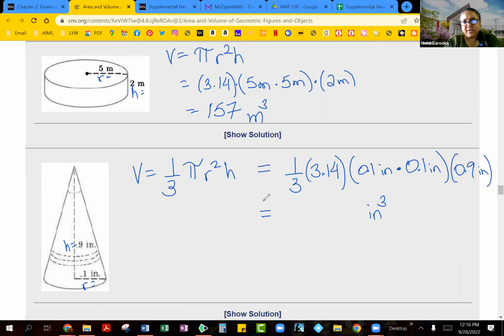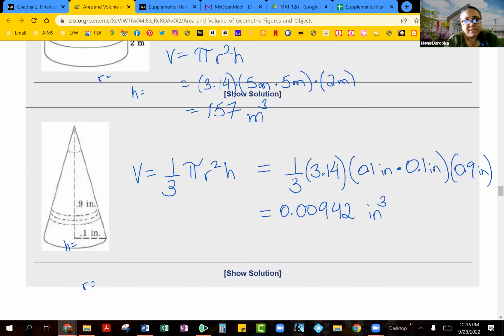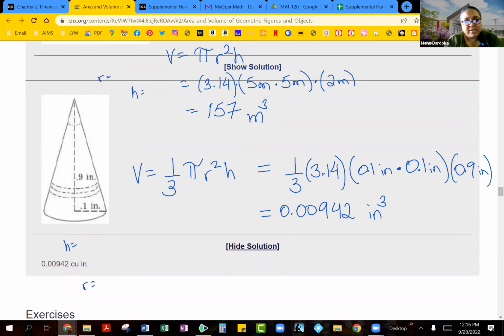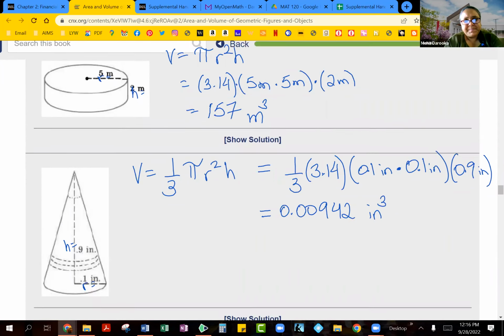Okay, Amanda, very good. So yeah, this will come out to be 0.00942, a really small answer comparatively. So let's take a look over here and you can see with our answer key, that looks good.